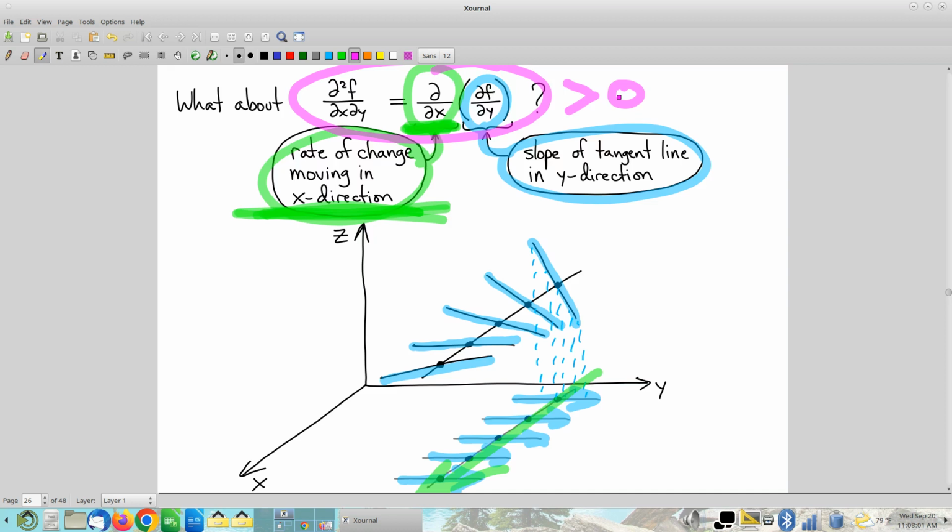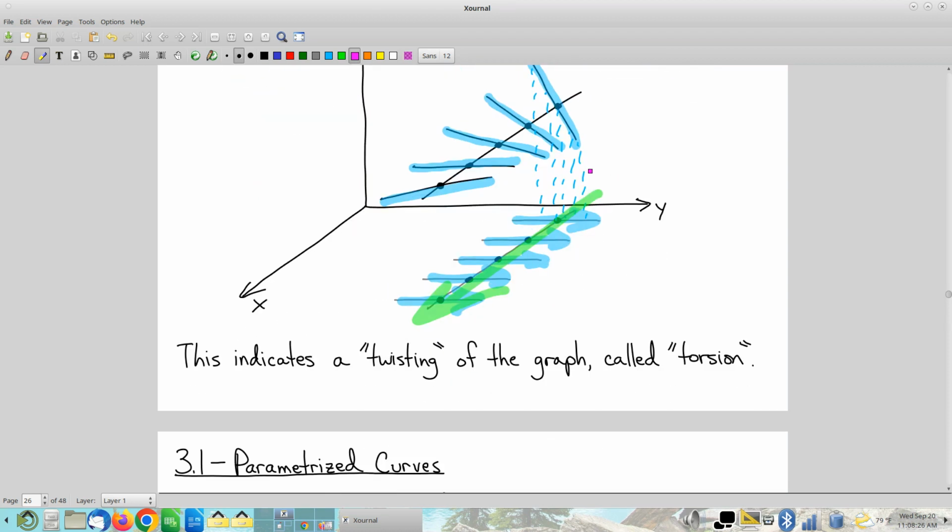In some sense, this twist has two of my fingers going up and two of them going down, and that's the same exact thing that's happening this way. That's a little bit of a hand-waving explanation, you might say. How we doing? Everybody good? This is sometimes called torsion, but I like to think of it as a twisting.